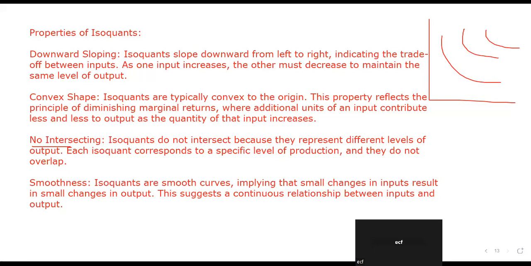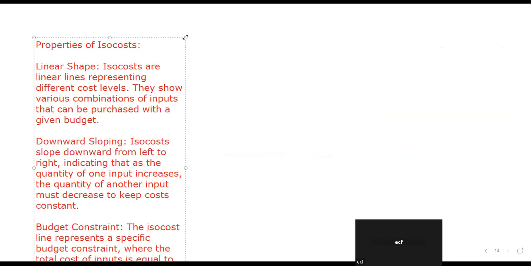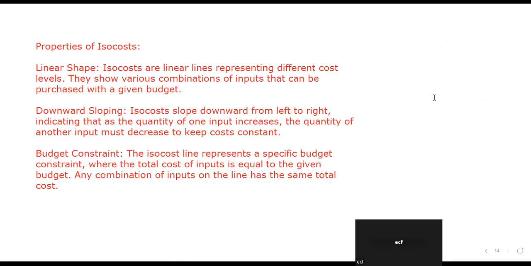Similarly, when we go to isocosts, these are the properties of isocosts. Number 1, isocosts have a linear shape. Isocosts are linear lines representing different levels, and they show various combinations that can be purchased at a given budget. They are downward sloping.